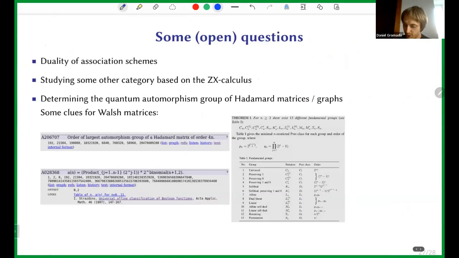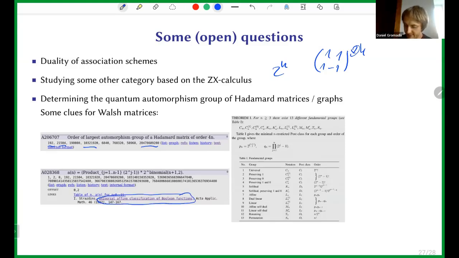I discovered some clues in the Sloane database, the order of the largest automorphism group. So if you list the order 2 to the power n, which corresponds to this example, those are these numbers. And those exactly appear also in this sequence, which makes it interesting, maybe.